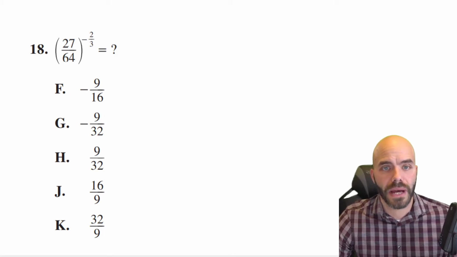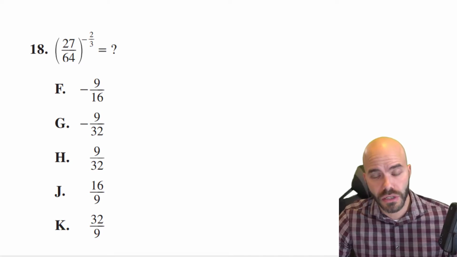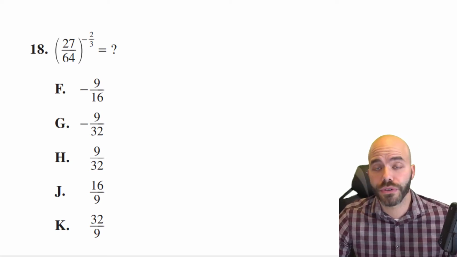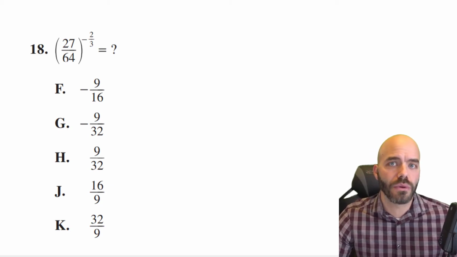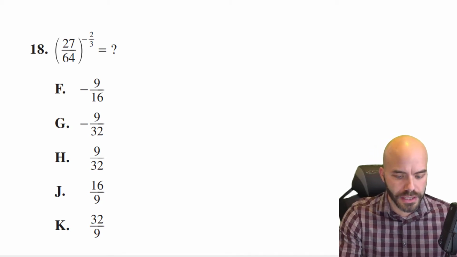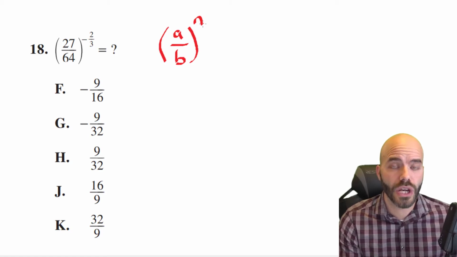So there's a lot of properties in play here that you do need to know. There are different routes that you can take to do this problem. What I want to do first is remind you that if you have a fraction, a over b raised to some power, we know what we can do there.